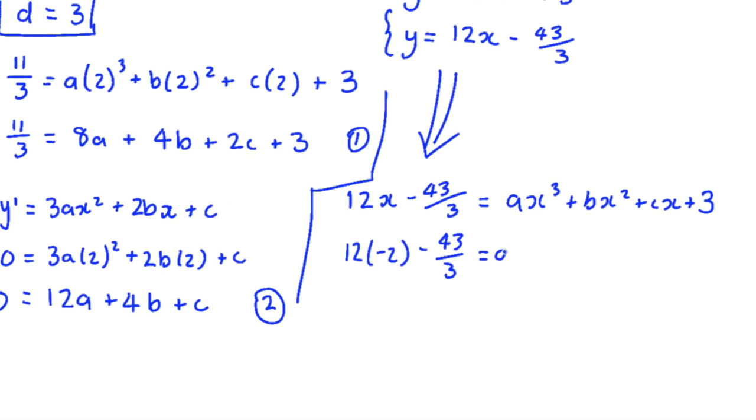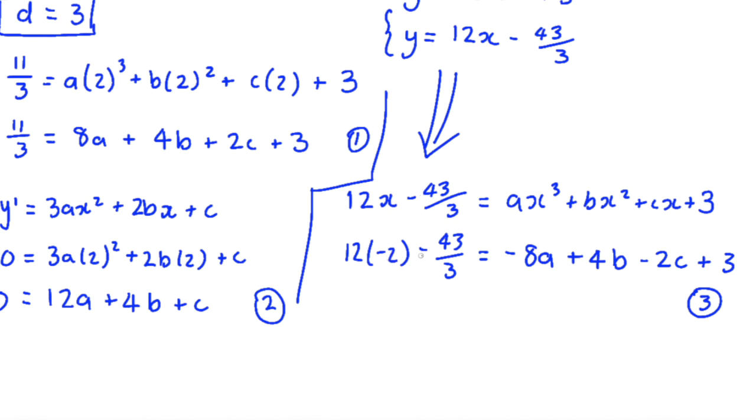Negative 2 cubed is negative 8a, negative 2 squared is positive 4, so that's plus 4b minus 2c plus 3. That will be our third equation.